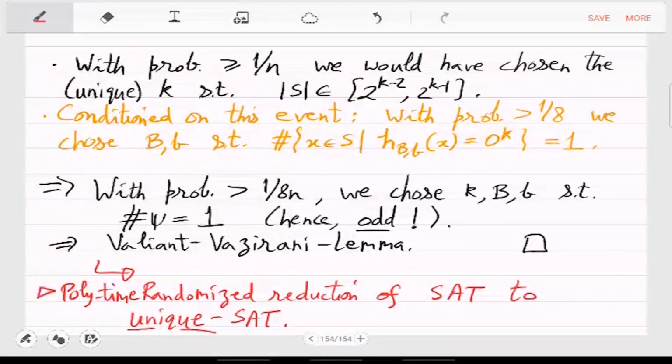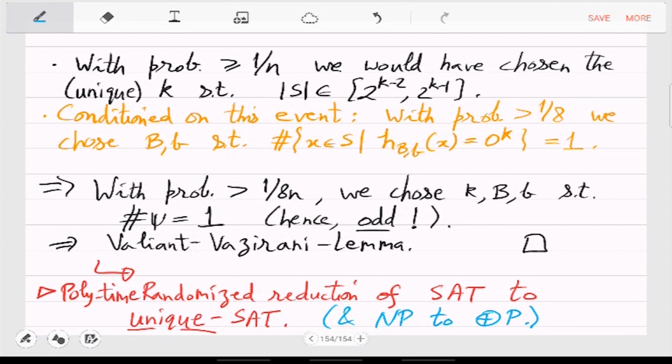Right, this is what we just showed, that you can actually assume the number of satisfying assignments to be either 1 or 0, only 2 options. If you can solve this problem algorithmically, then you can solve SAT also in practice. And we also showed NP to parity P. Right, these are the multiple interpretations of the Valiant-Vazirani lemma.